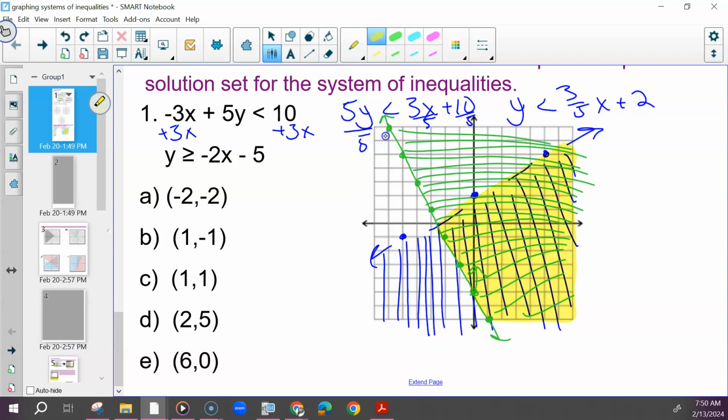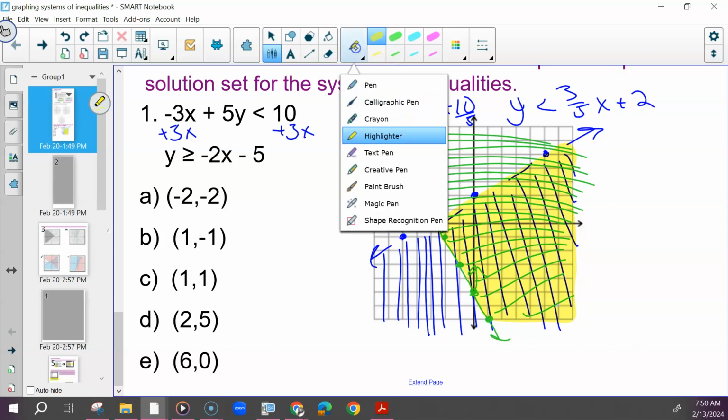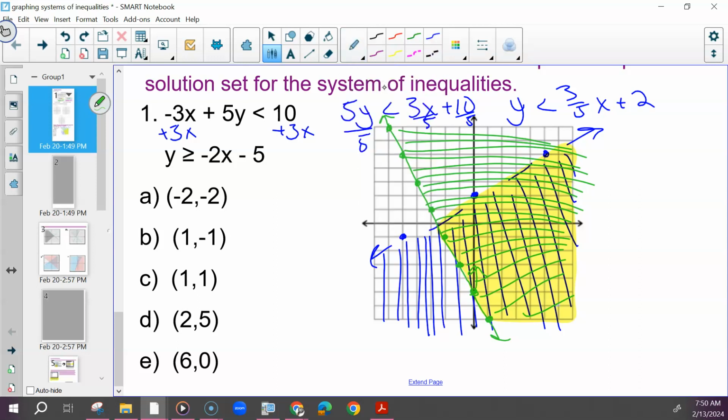Some way, shape, or form that I can see this is the overlapping. Sometimes pencil on pencil is hard to see the overlapping, unless you're doing lines or different shapes or something. So then if these points fall in the overlapping, then they are solutions. If they don't, then they're not.